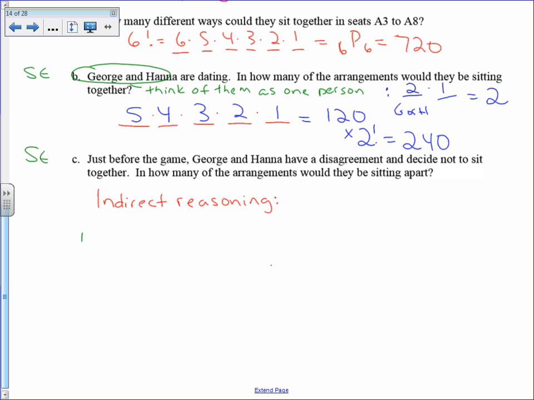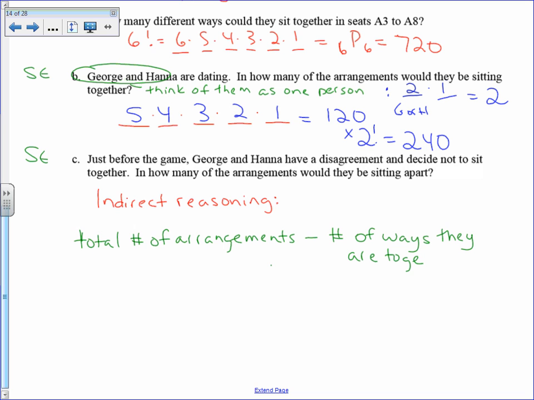So it's the total number of arrangements minus the number of ways they're together. So that becomes 720 minus 240, which is 480.